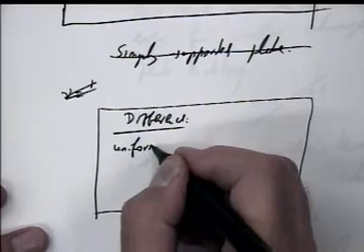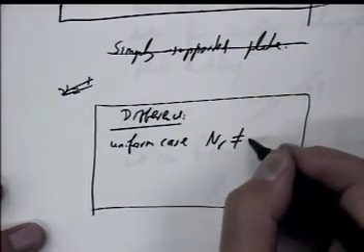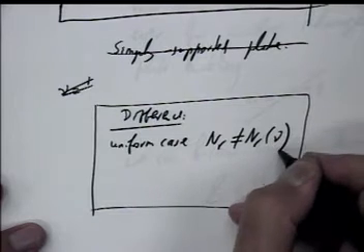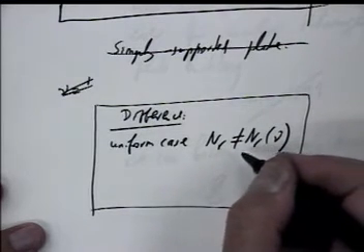In the uniform case, N_r is not a function of nu, the Poisson ratio, if you remember.